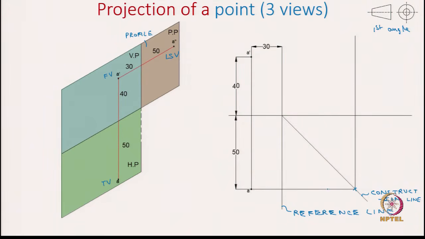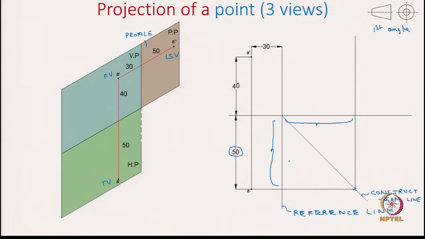By this what we are trying to do is, let us say 50 is the distance from the reference line to the top view. The same 50 which is shown here is also captured here because of this 45 degree angle line. Okay.